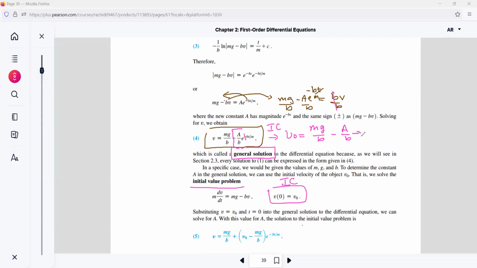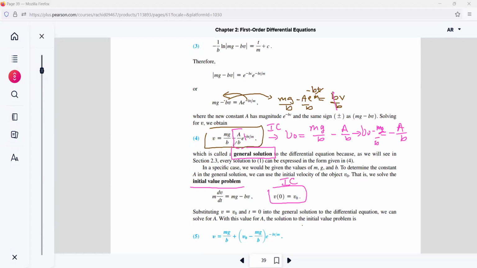It's actually interesting here. If you just say, let me leave this alone, what happens? The left side is going to be V0, or E naught there, the initial velocity over B, right?